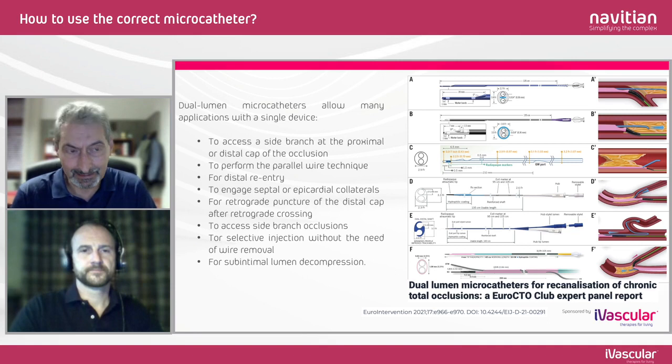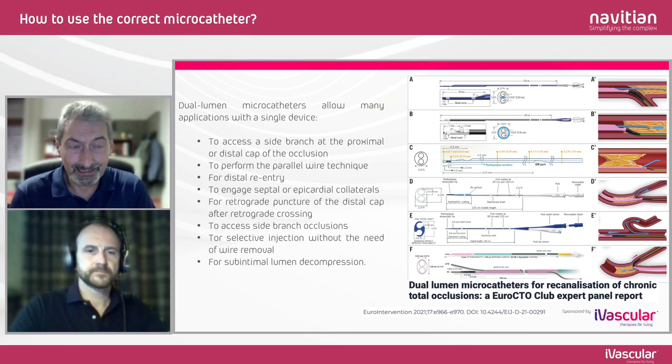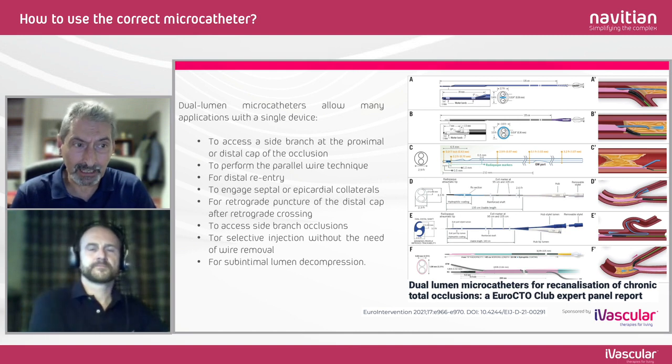You may use it, once you have crossed the occlusion, to engage a side branch that starts at the distal end of the occlusion, like often happens. The reconstitution of the distal vessel is often at the side of the side branch.